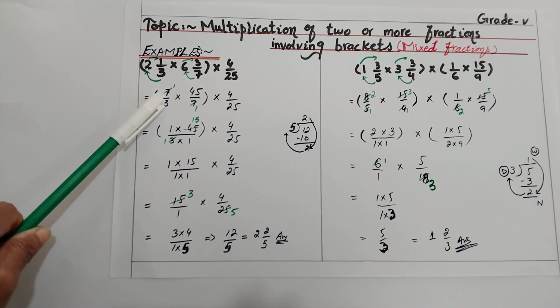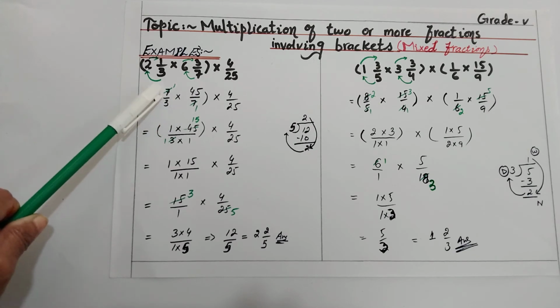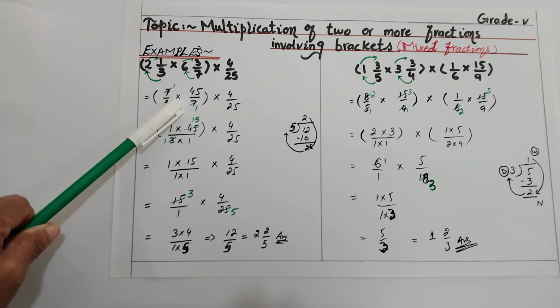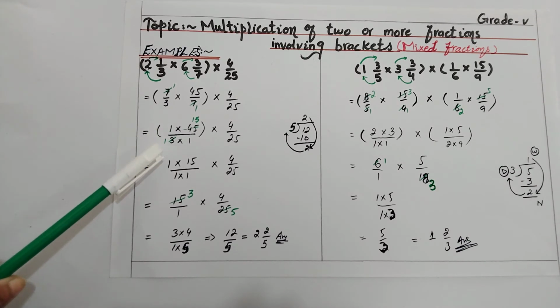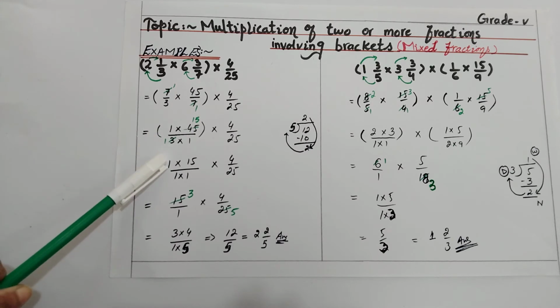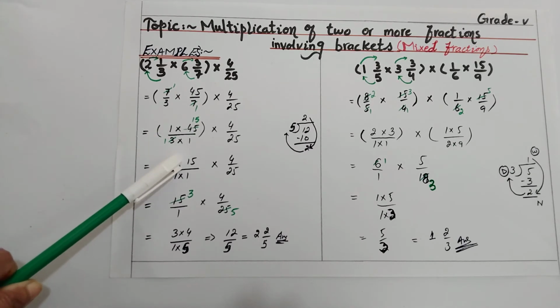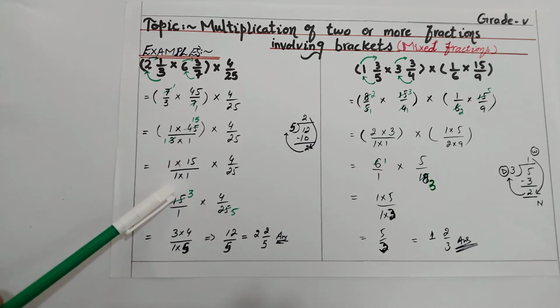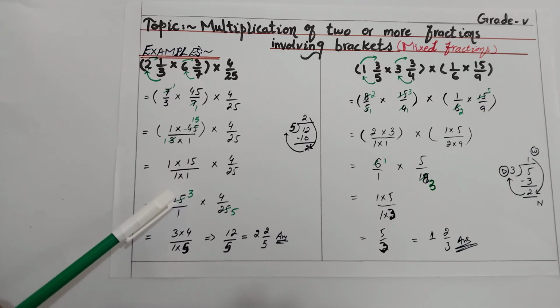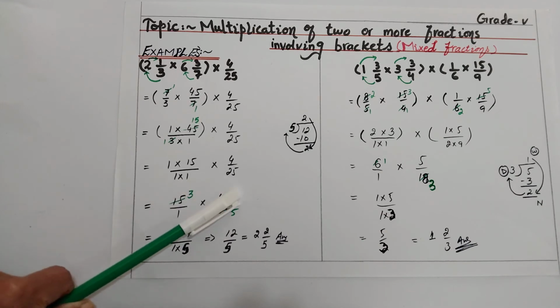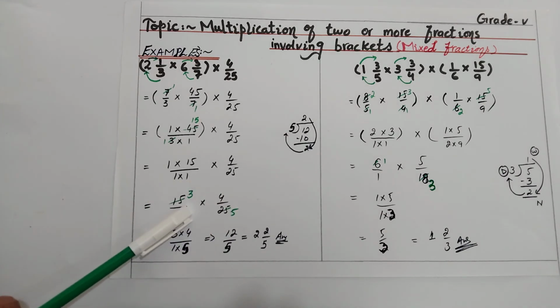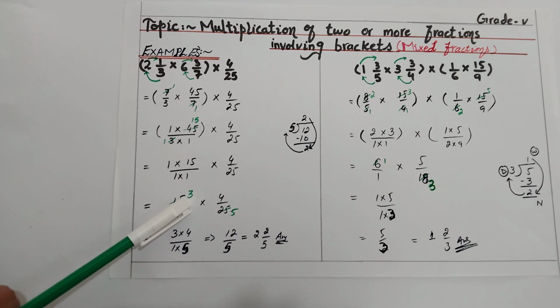If there is any possibility of cancellation, then you will cancel out the numbers with the common factor, and then after this cancellation we will remove the bracket. After the removal of the bracket, when we will solve the last two fractions, again you will check for the cancellation, because maybe there will be the possibility of more cancellation by the highest common factor. So here we have one more cancellation, that's why we will simplify the numbers by the highest common factor.